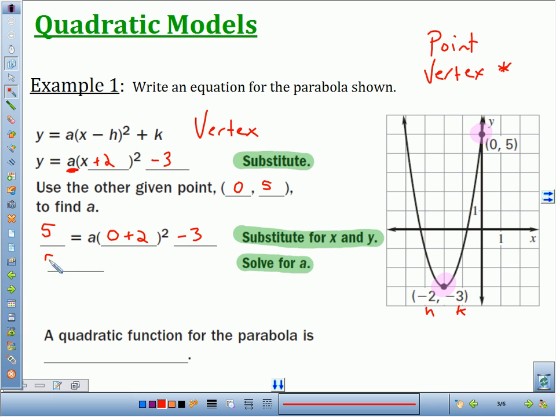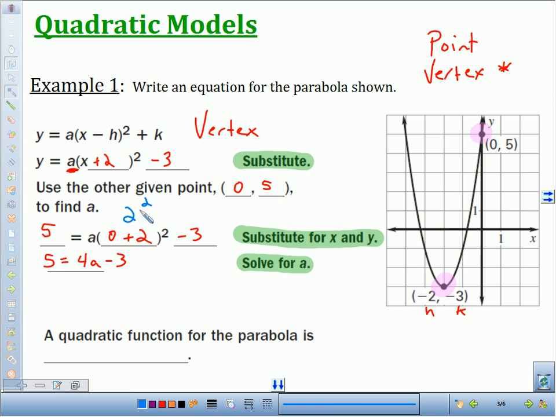I have 5 equals, 0 plus 2 is 2. Since it's squared, it's 2 squared.